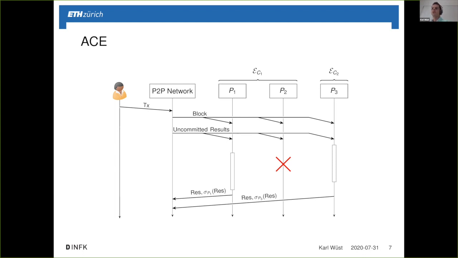And this quorum threshold can actually be set arbitrarily. It just changes the preference in whether you prioritize safety over availability or vice versa.